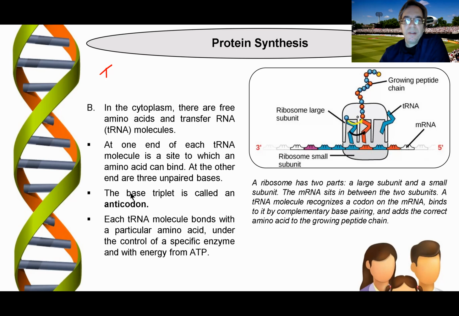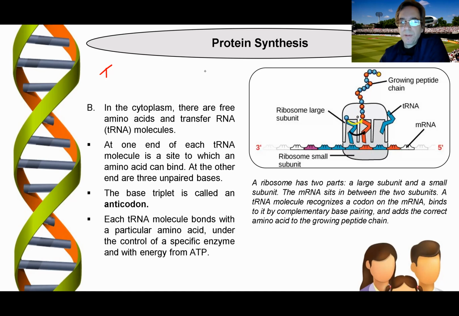So this particular base, each triplet, which I'm going to show you here, we have a particular name for them. And these are called anticodons. And each transfer RNA molecule binds with a particular amino acid under the control of a particular enzyme, using energy from ATP.